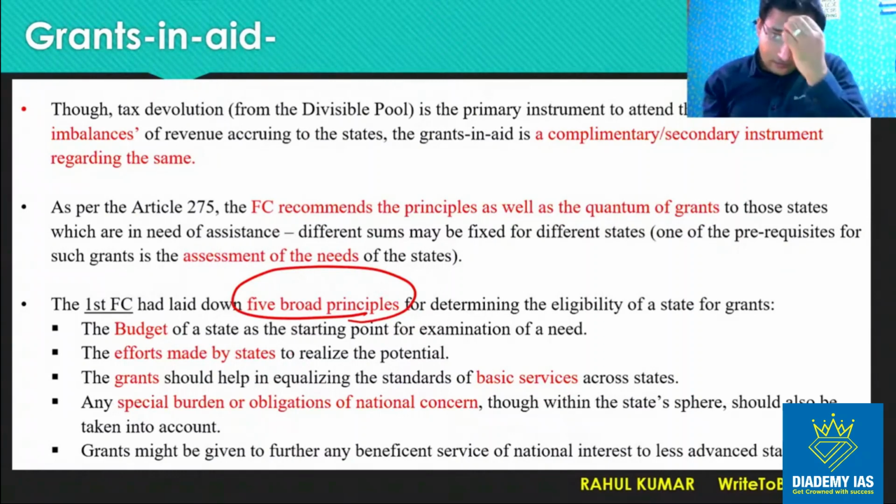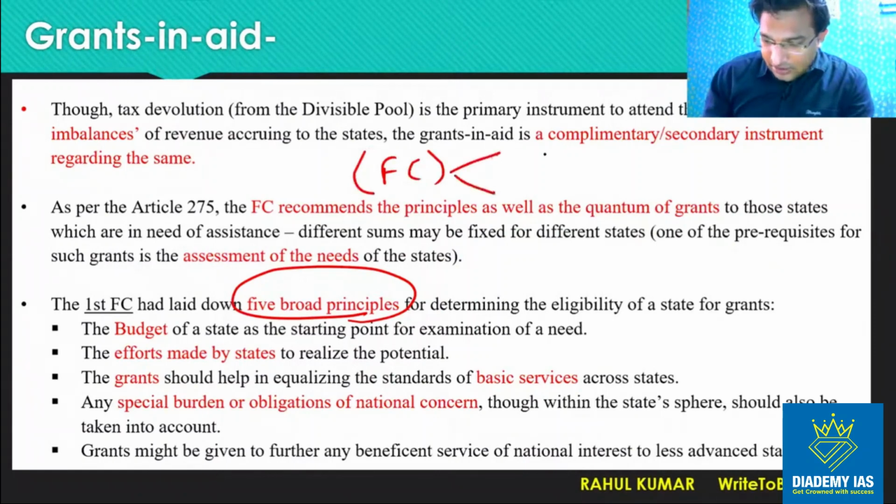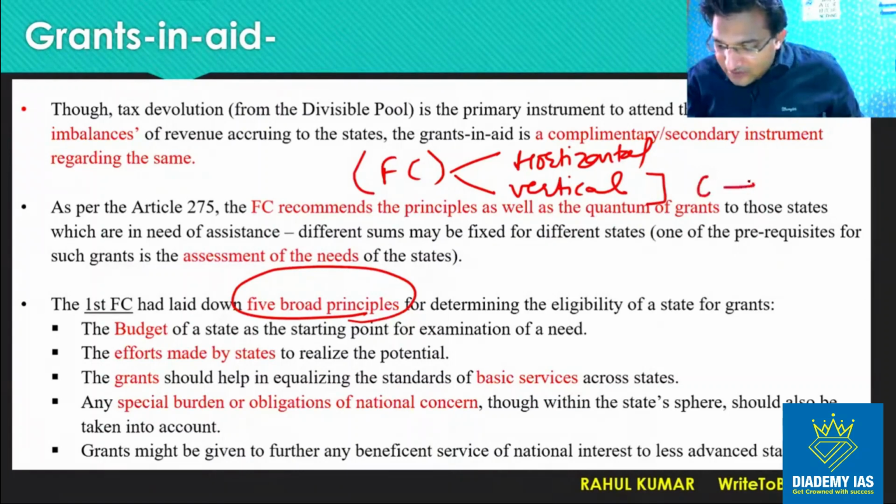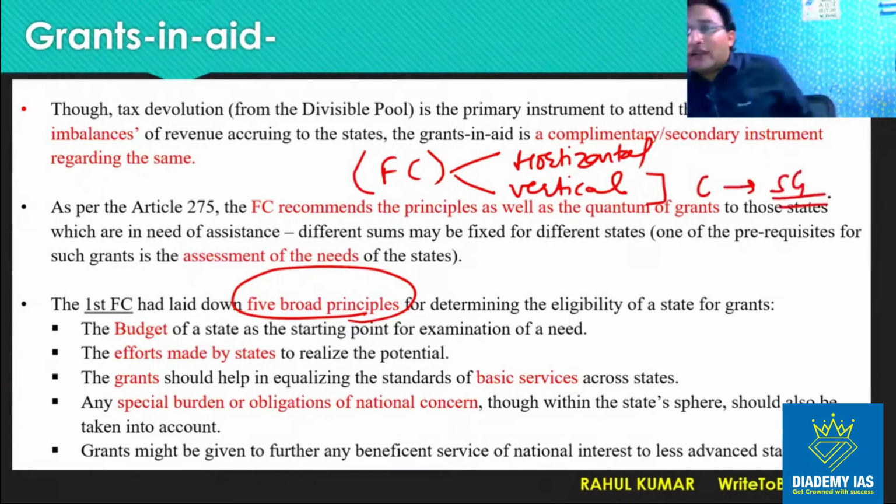What are these grants in aid? So basically, if we see finance commission, it takes care of horizontal and vertical both balances. Vertical balance means the money is transferred from central government to state government, so that state governments are not at a disadvantageous position, right?